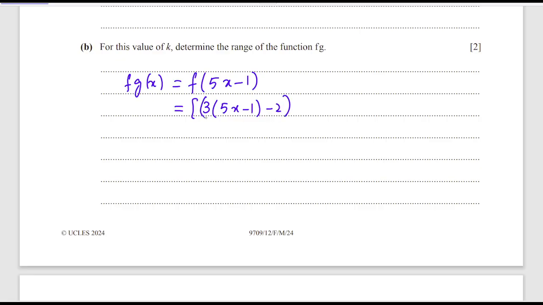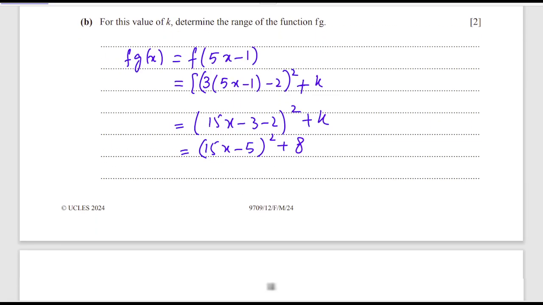So the function f becomes 3 times (5x minus 1) minus 2, its square, plus k. Simplifying, this is equal to (3 5s are 15, 15x minus 3 minus 2) square plus k, which is equal to, k is 8, so it's (15x minus 5) square plus 8.